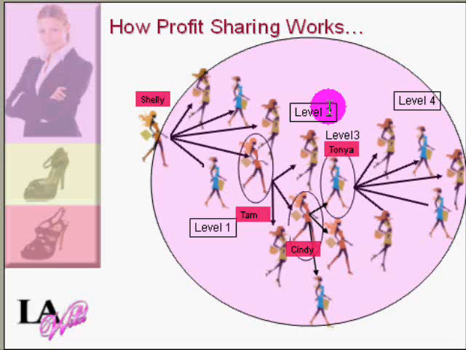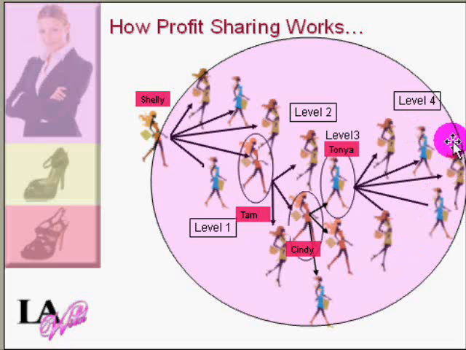And of the 5 people that sign up, let's say in a particular month, 2 of them buy a pair of shoes. Well, when 2 of them buy a pair of shoes, Tanya receives $2 in compensation. So does Cindy, so does Tam, so does Shelly. Again, everyone who's responsible for bringing Tanya's friends to the site participates in the profit sharing.